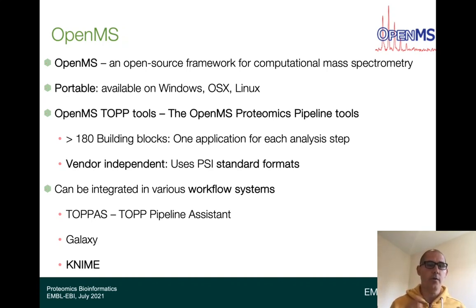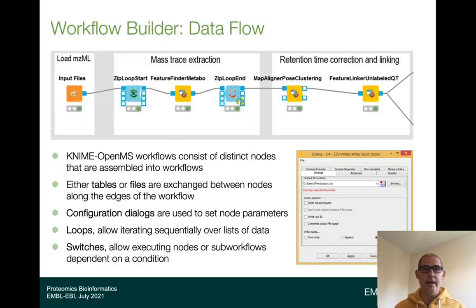The workflow engines allow you to take those specific tasks and tools and run them, get the result back, and go to the next task. And OpenMS, I think, is the most widely used software in proteomics that has been integrated with these workflow systems, especially with Galaxy and KNIME.